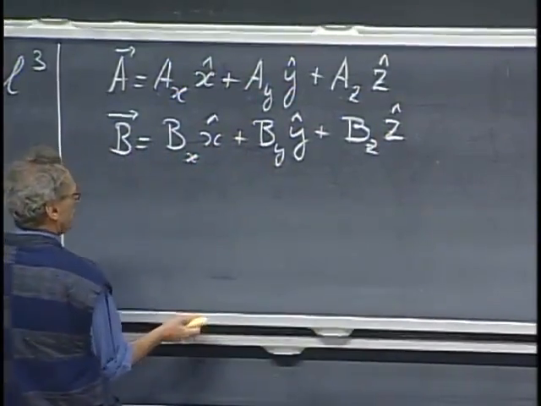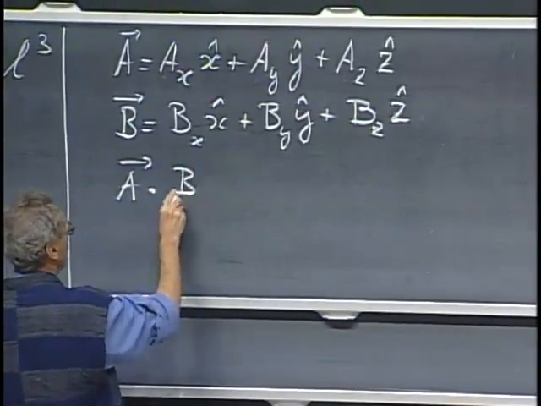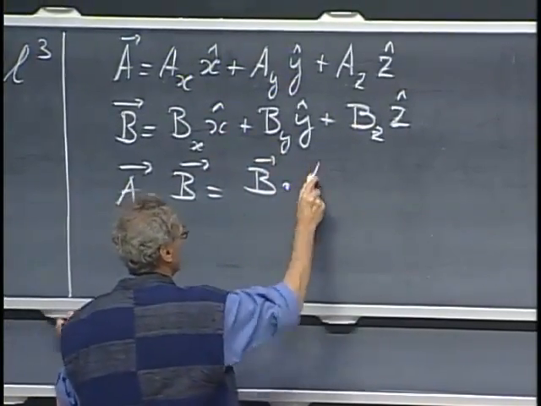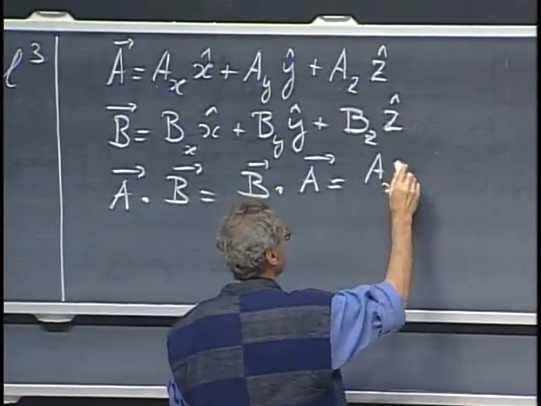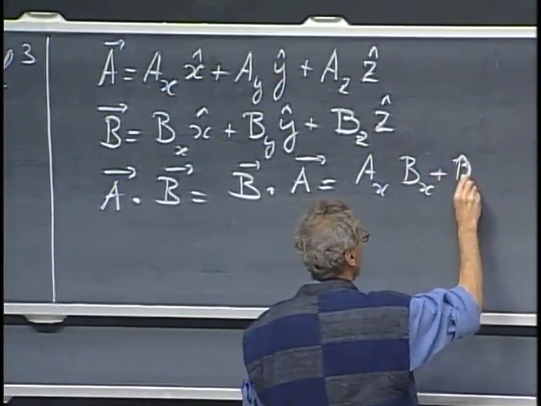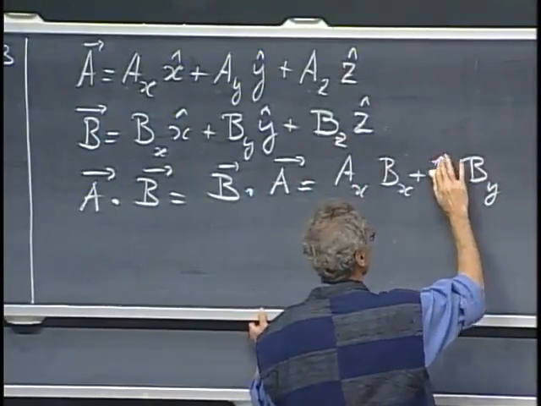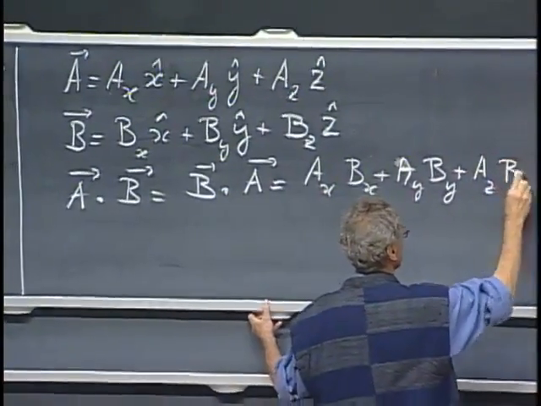Now the dot product, A dot B, also called the scalar product, is the same as B dot A, and it is defined as Ax Bx plus Ay By plus Az Bz.